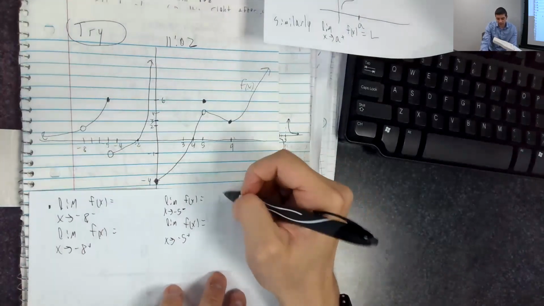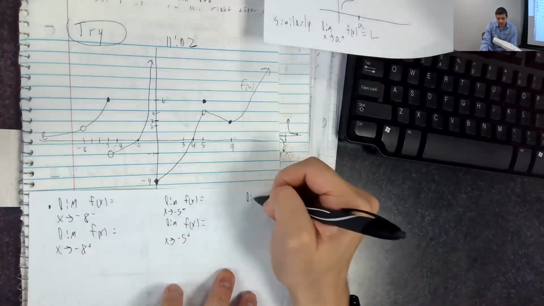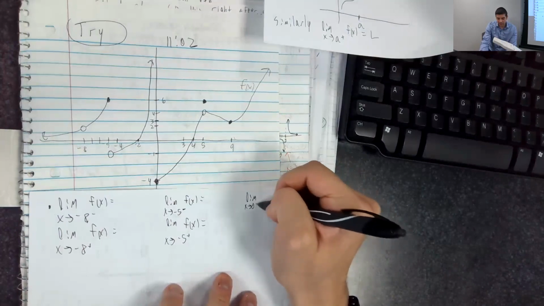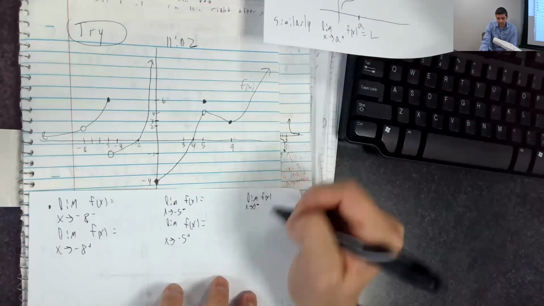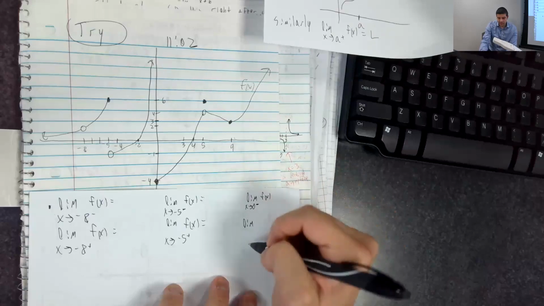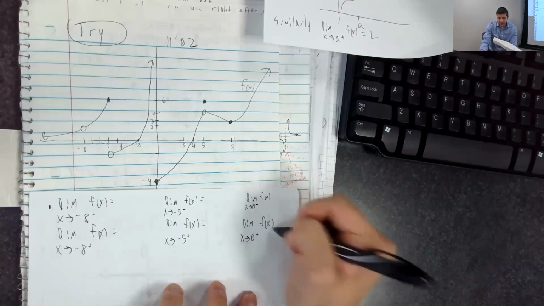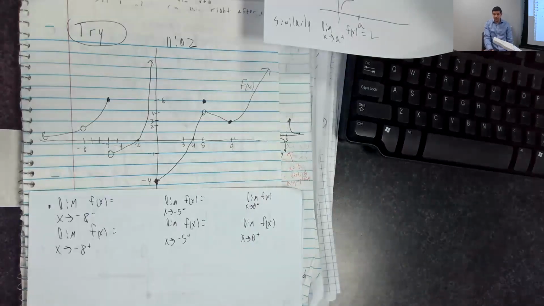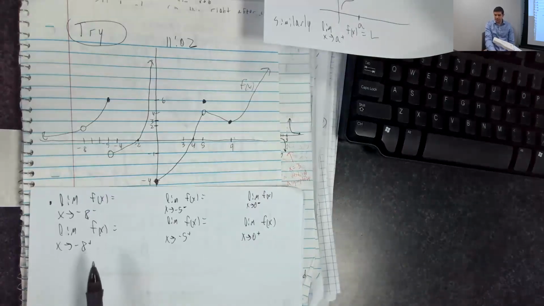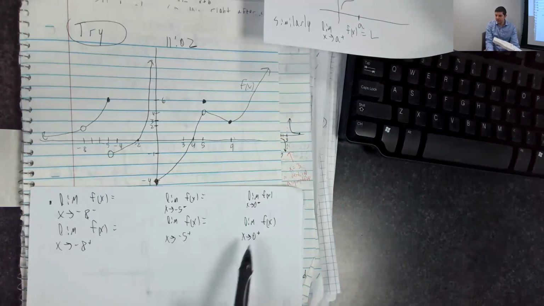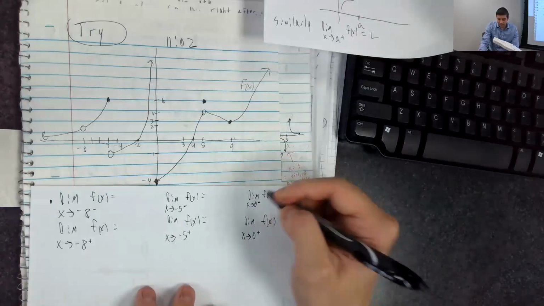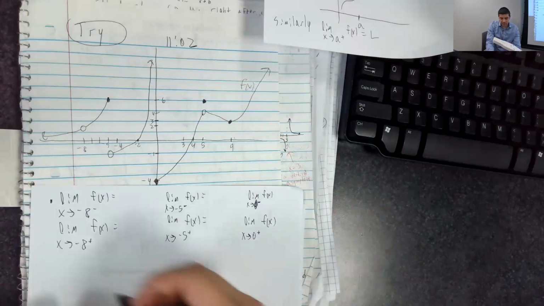Okay. Limit as x goes to 0 from the left. Limit as x goes to 0 from the right. Okay, so at least try these at -8, -5, 0.